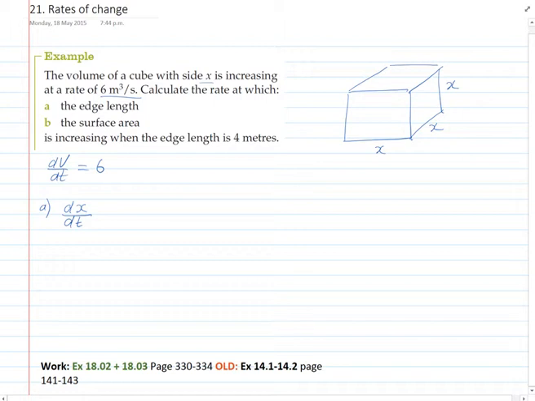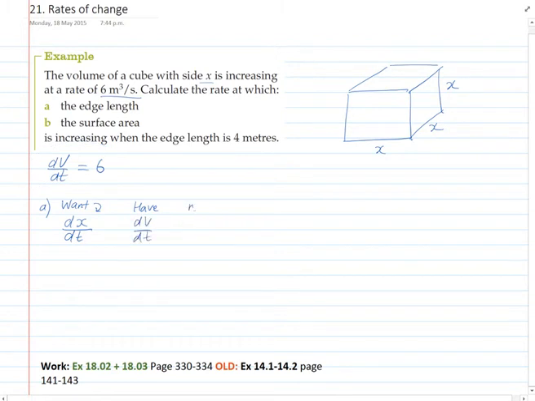Now, when we're solving these problems, I often consider it in terms of what we want, what we have, and what we need. So we want this derivative here for our question, dx by dt. And what we have is this derivative, dV by dt.